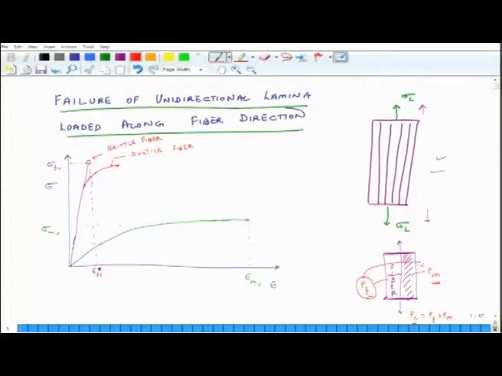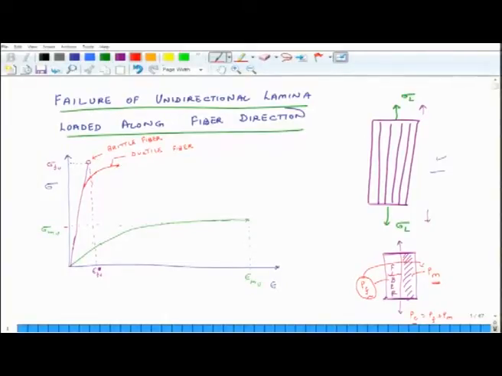All of a sudden the matrix has to bear a very high amount of load, but the breaking stress in the matrix is not very high. It is sigma mu, which is much less than sigma fu, right. So, because it cannot handle such an extra load all of a sudden, the matrix also fails immediately. So, we have two types of situations.